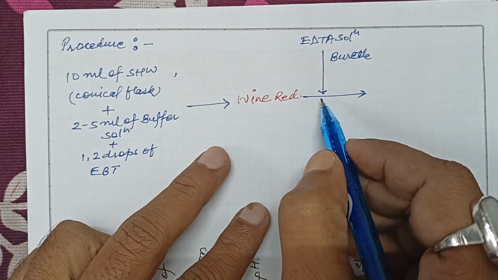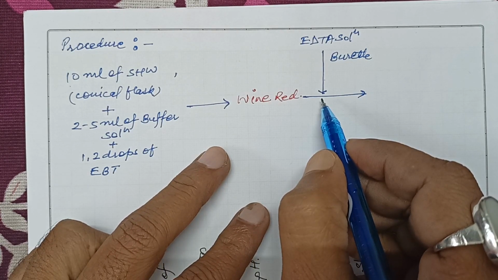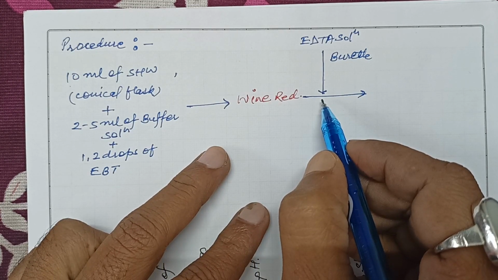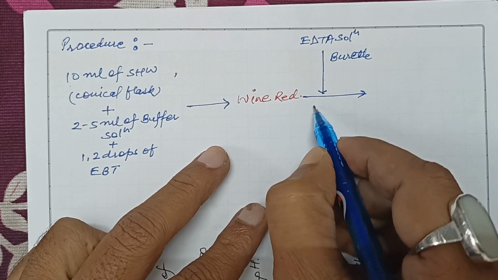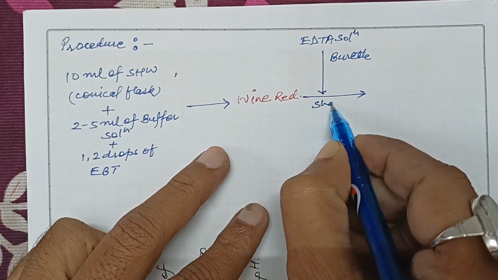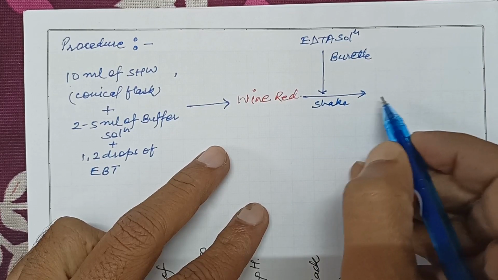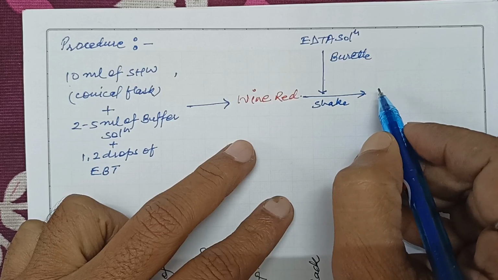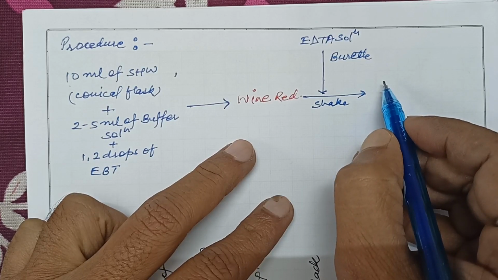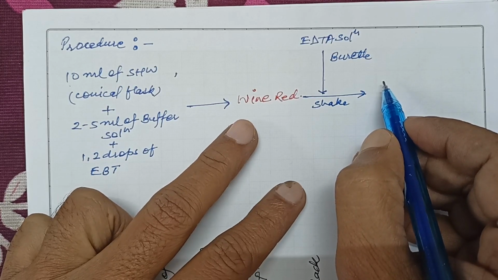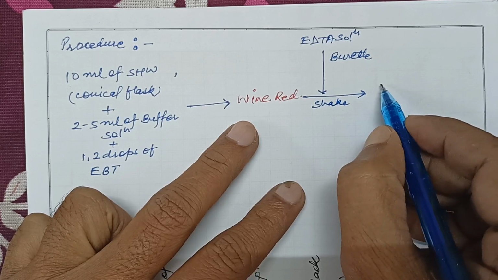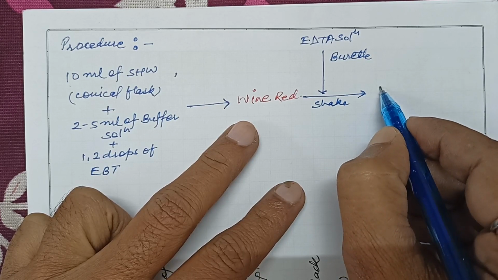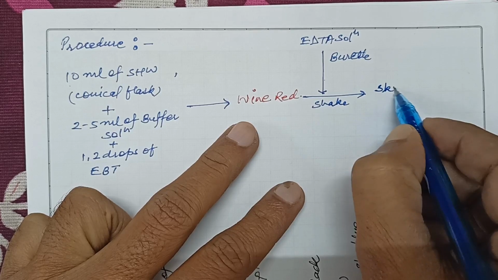We can add a certain amount of EDTA solution drop by drop, and we shake the conical flask and check the endpoint. When the endpoint comes, the wine red color changes to sky blue color.